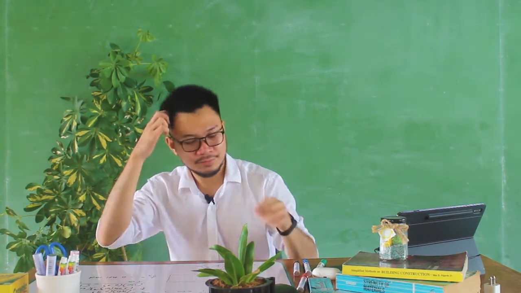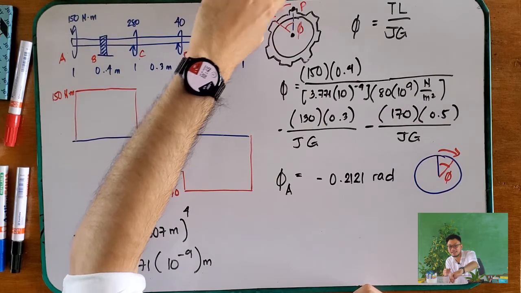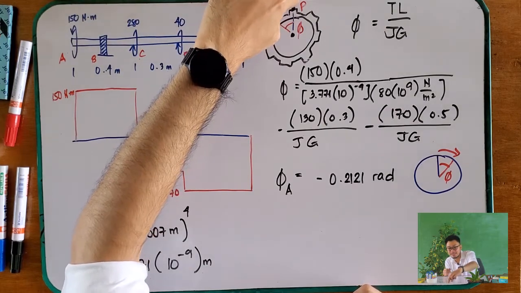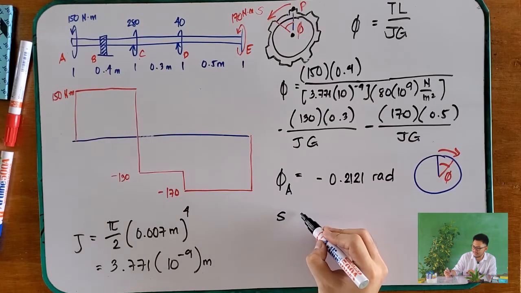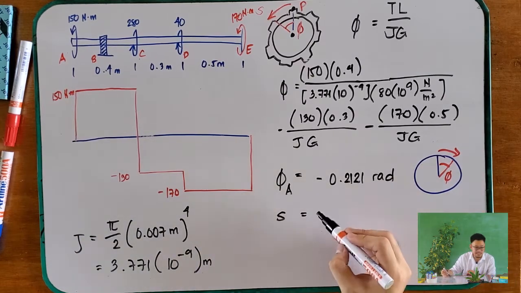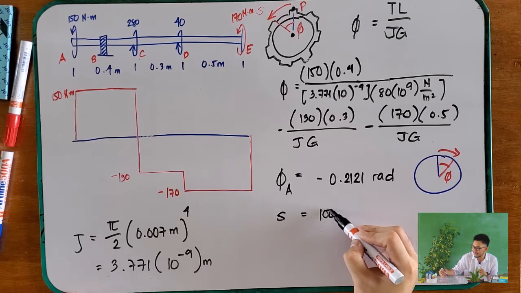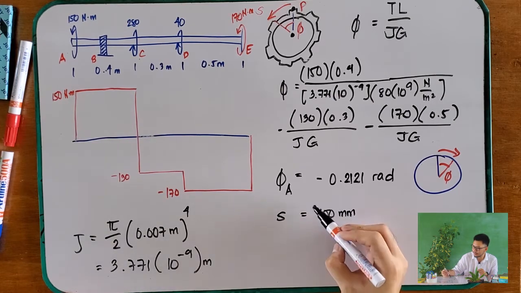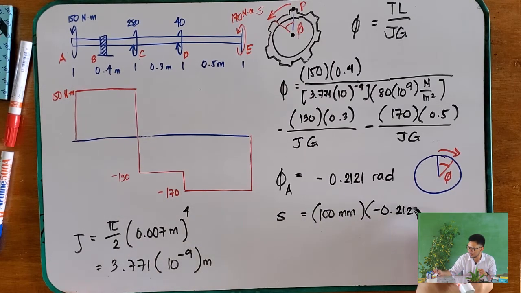Okay? Now, in order for you to get the arc length, your S, ang imong gipangita kay displacement sa imong tooth P after sa iyang deformation, ang imo lang button is S, or your displacement, is equal to radius, which is given right here as 100 millimeters, multiplied by the radians, which is negative 0.2121.